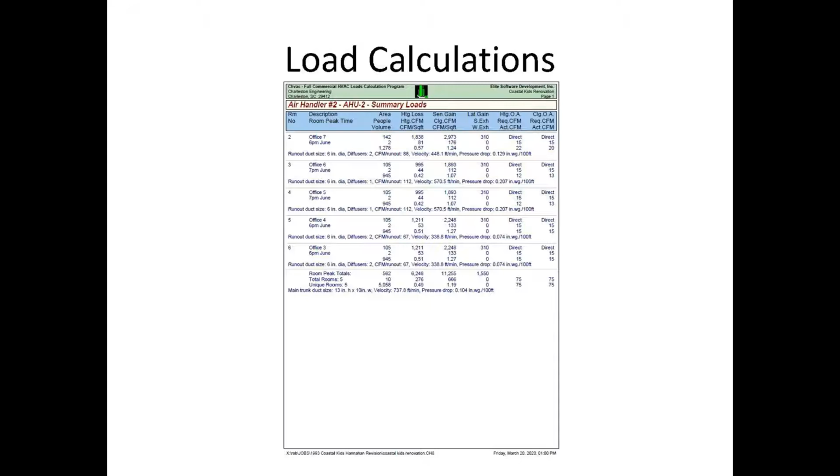It calculates with calculus and math, and what you do is you input the square footage of each room, square footage of the exterior wall, the square footage of the windows, the number of people, the number of computers, and all the various heat loads, and it will add it up and tell you how much cooling you need for these 5 offices. So let's go to the next slide.